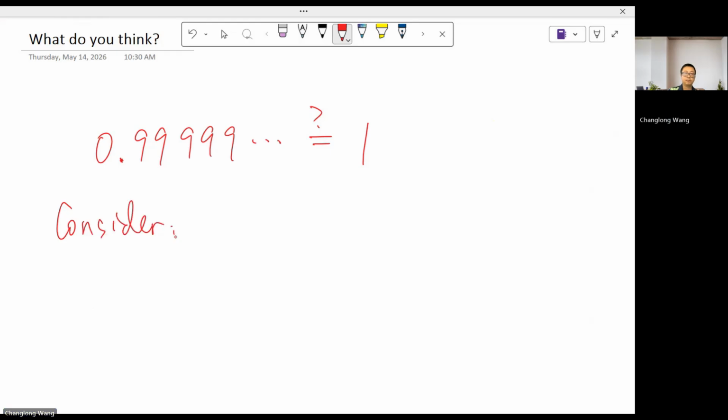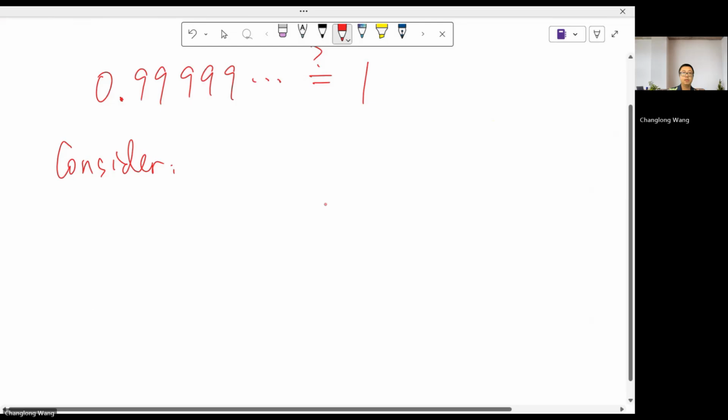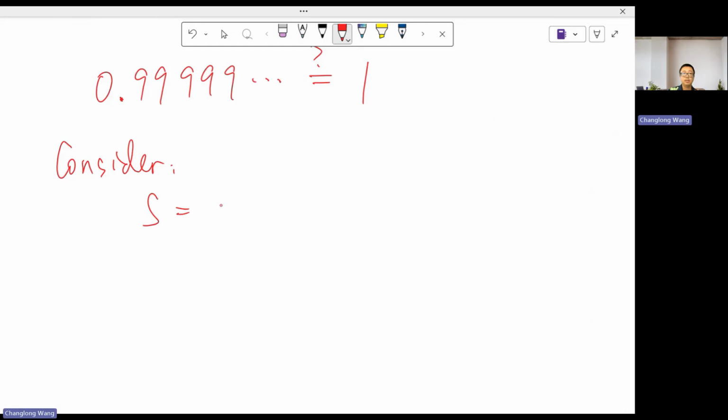Consider, let's say S is 0.9999... Okay. Now let me multiply this number by 10. You guys tell me, how much do I get if I multiply 0.99 repeating by 10?